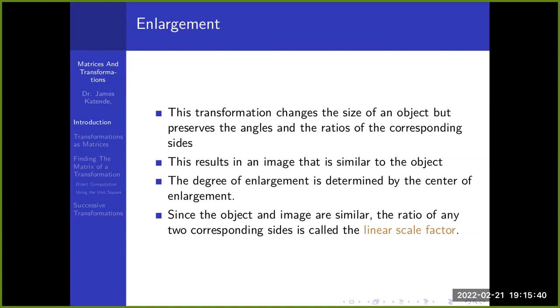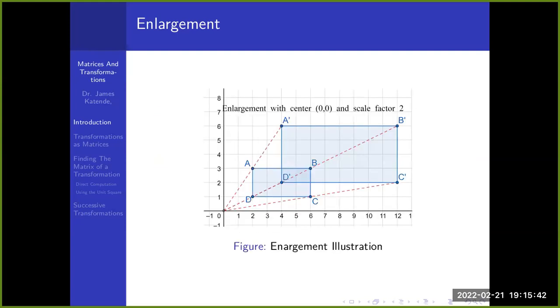Again, we shall do this on GeoGebra shortly, but this is an example of the enlargement. So we have this rectangle ABCD. The enlargement center is the origin, which is just here, and the image is A prime, B prime, C prime, and D prime. If you draw a line from the origin, or the center of enlargement, to the point D and all the way to the image D prime, it will be a straight line.